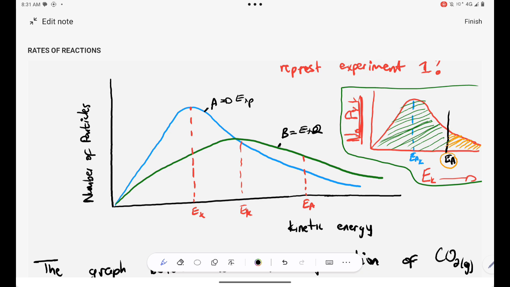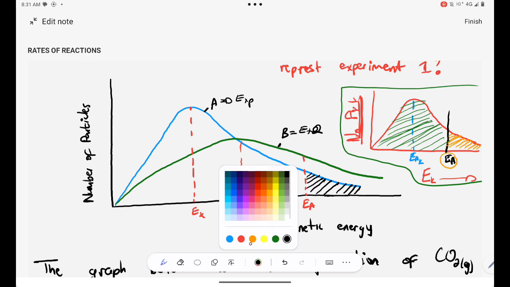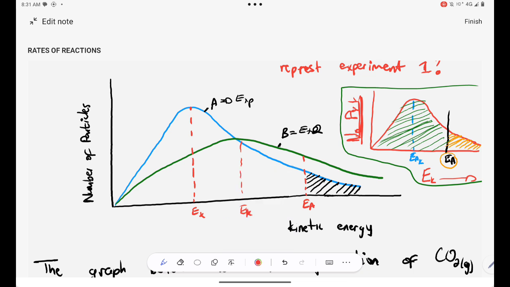But if you check, for experiment 1, these are the effective collisions. We just have a small area over there whereby we can find effective collisions. But for experiment 2, since it occurs at a higher temperature, this will be the number of effective collisions.